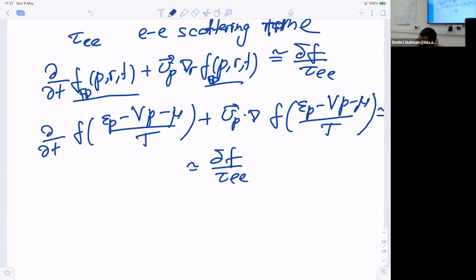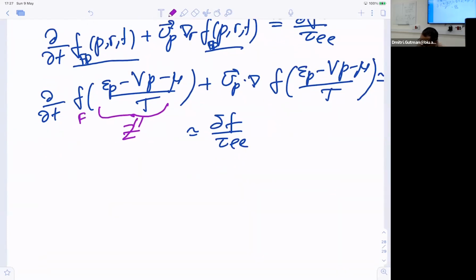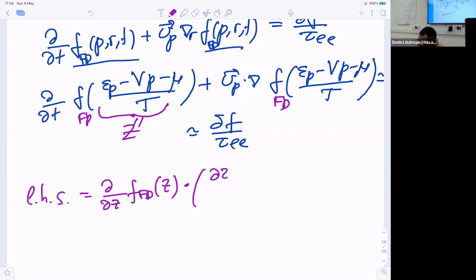Let me call this entire combination Z, just denoted. And this is Fermi-Dirac. So the left-hand side of this equation is d/dZ of F_FD(Z) times dZ/dt plus v_p times grad Z.